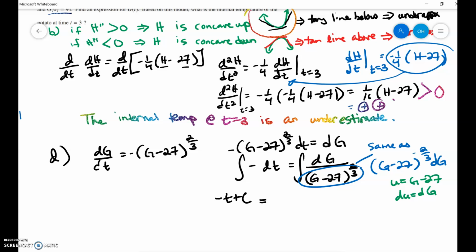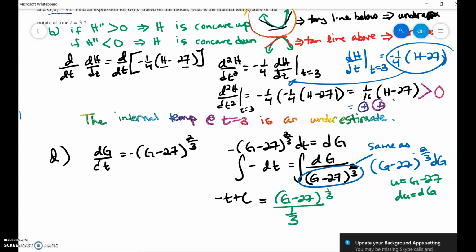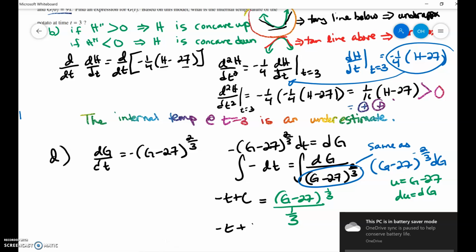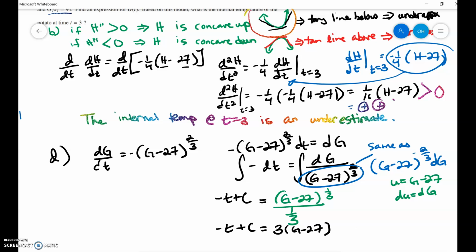So I have g minus 27, and I add 1 to the exponent, which would be 1/3, and then you have to divide by that same exponent. And if I divide this by 1/3, I end up with 3 times g minus 27 to the 1/3.